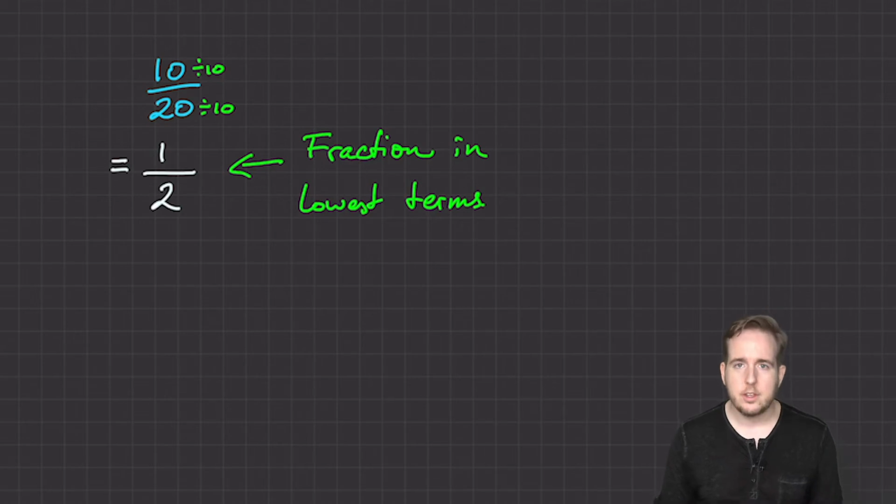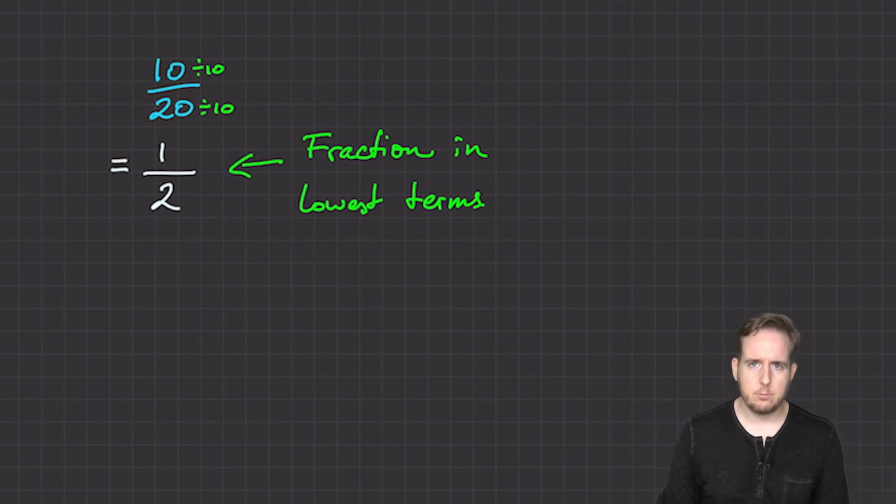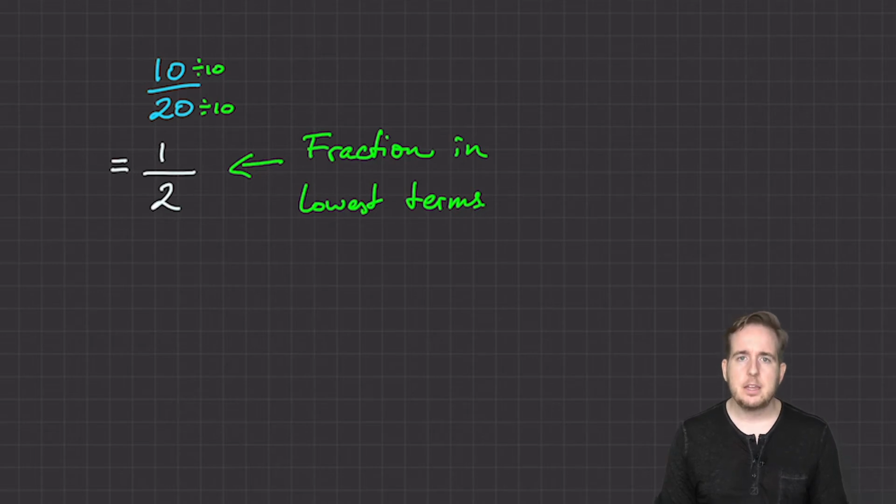Now, this is, I think, the real reason why way back when we wanted you to memorize your times tables. It was not so that you could do multiplication more quickly, right? We have calculators that can do that, but it was so that I could spot the numbers that divide into other numbers more quickly.